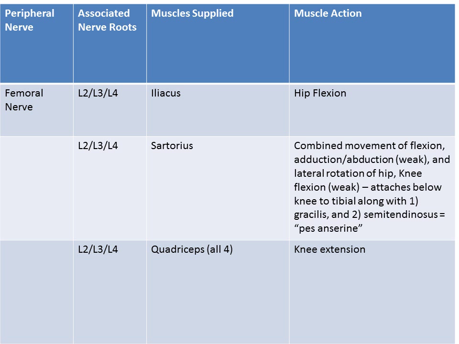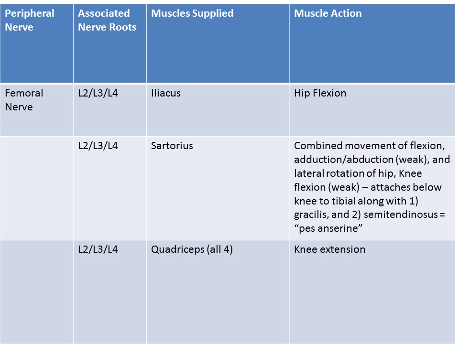And you can think of the function of the sartorius muscle as the muscle responsible for allowing you to take a look at the bottom of your foot. If you were to get a piece of gum stuck on your shoe or something like that and you wanted to look on the bottom of your foot, it's the sartorius muscle that would do that sort of combined movement of flexing the hip, abducting, and laterally rotating the hip.